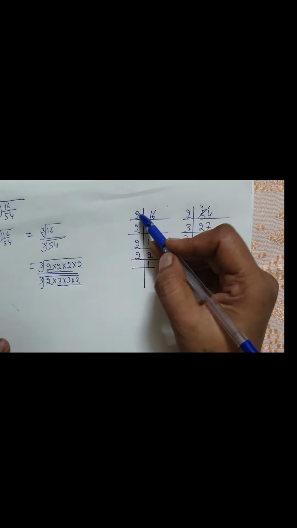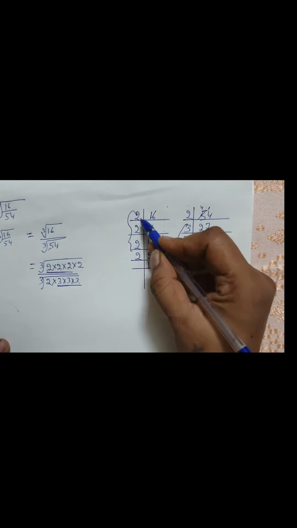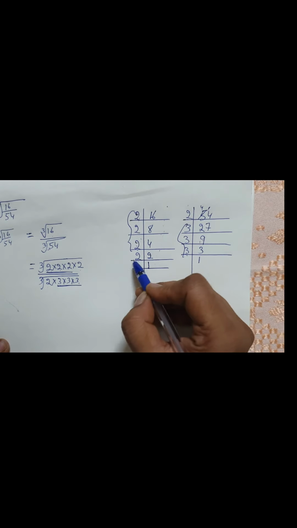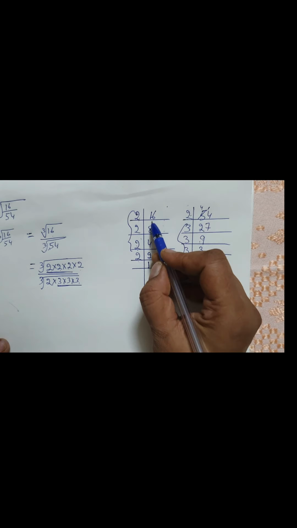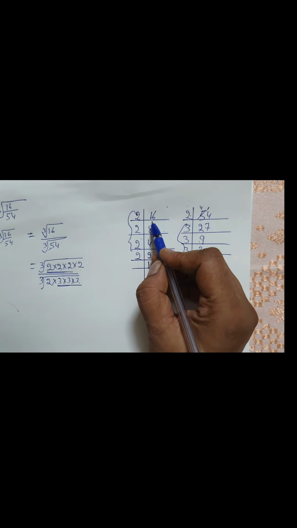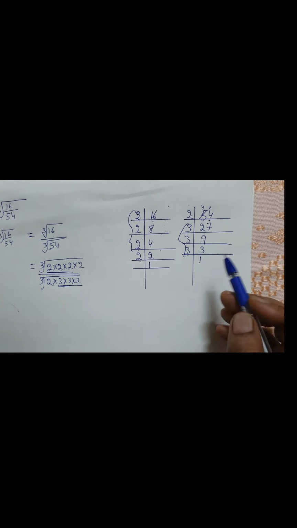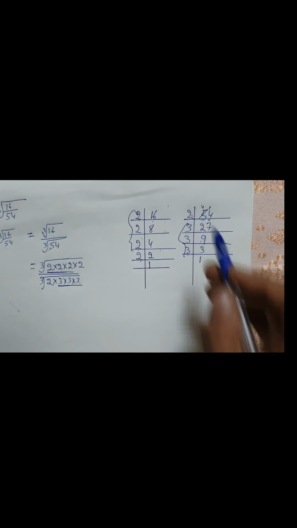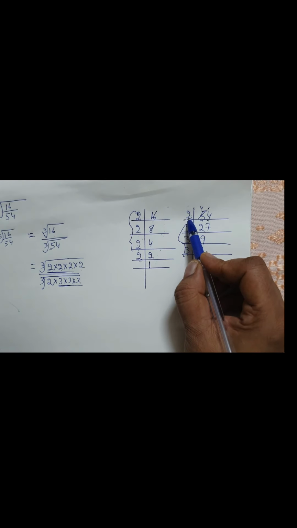That shows that 16 is not the cube of any number, and even 54 is not the cube of any number. That's why 2 remained over here, and here also 2 remained. We are not getting a group of 2s here and we are not getting a group of this 2 also.